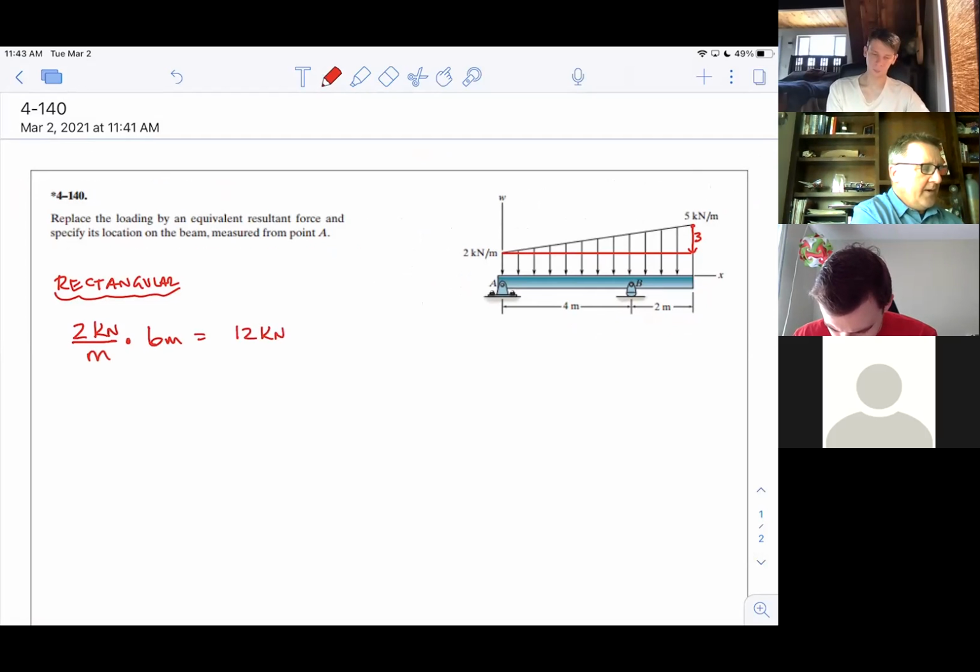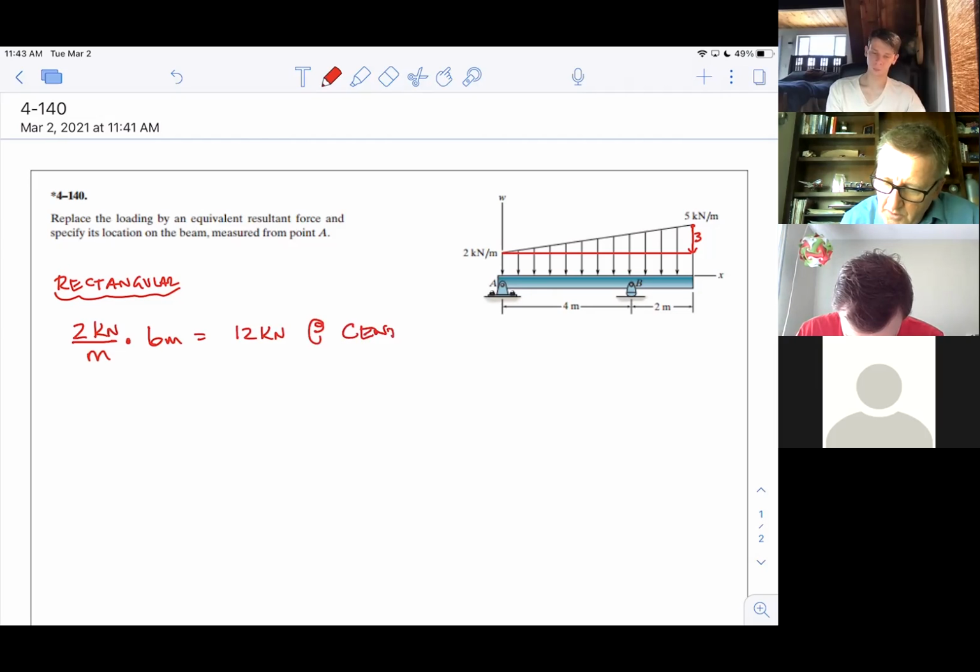So where's that located? Right down the middle. Easy. So I know that's in the center. I guess you could say that's at 3 meters then if you wanted to, but whatever.